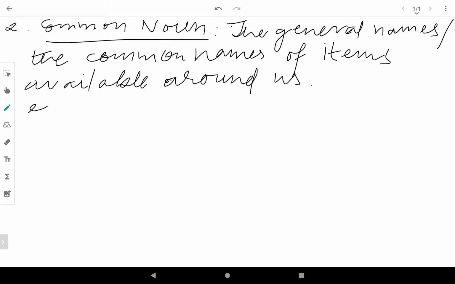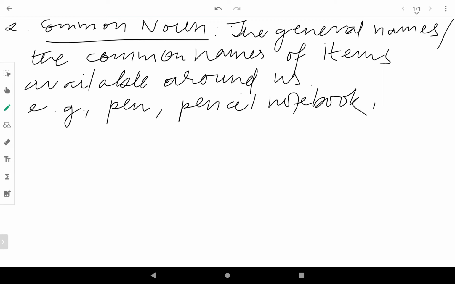So for example, you can say pen, pencil, notebook, cow, table, etc. So now these items we know that these are available around us commonly.